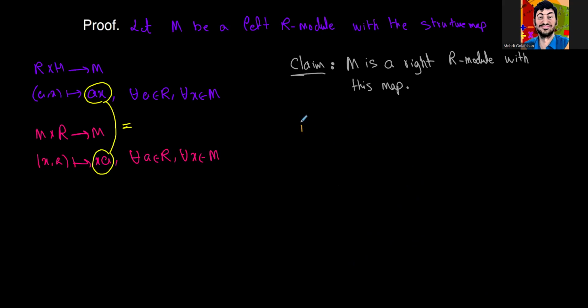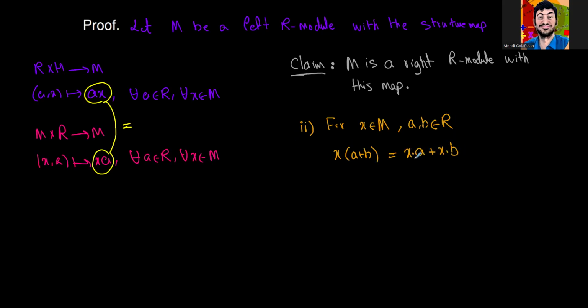The second condition of a right R module: we want to show that for x in M and a and b in the ring, x times (a plus b) is equal to x times a plus x times b.